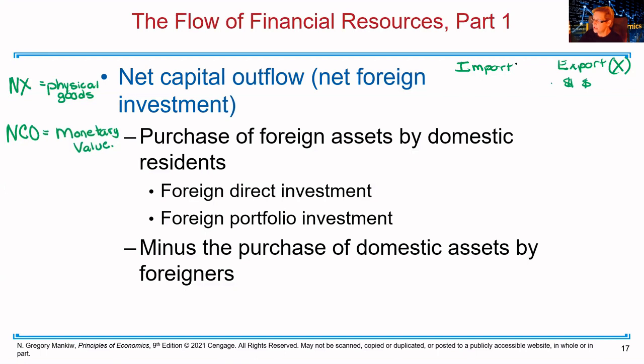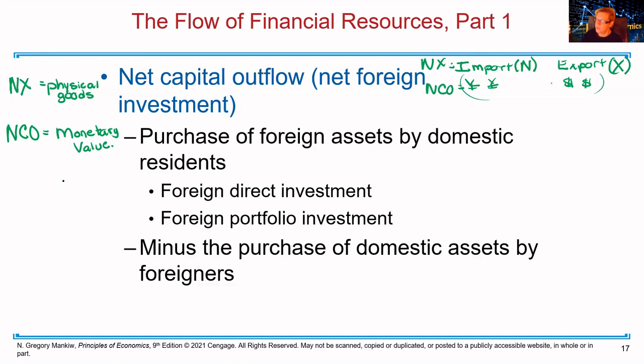If we import something, that is the N of net exports, and that's priced in foreign currency. Now, net capital outflow, so if NX equals exports minus imports, then net capital outflow is just the monetary side of it.